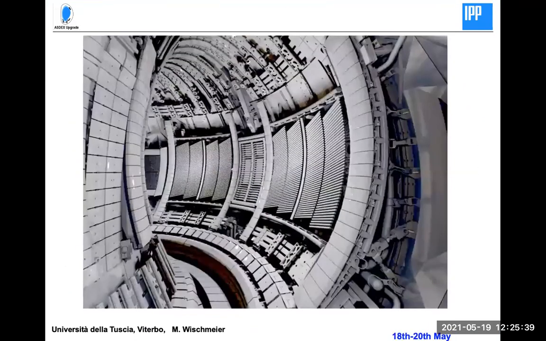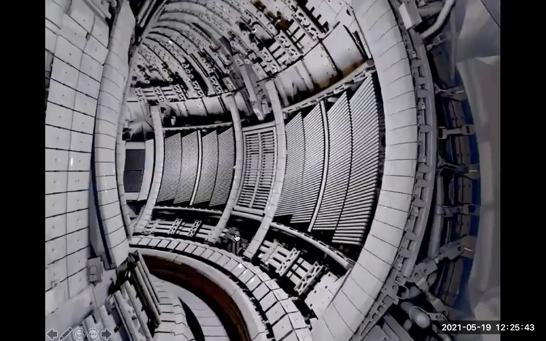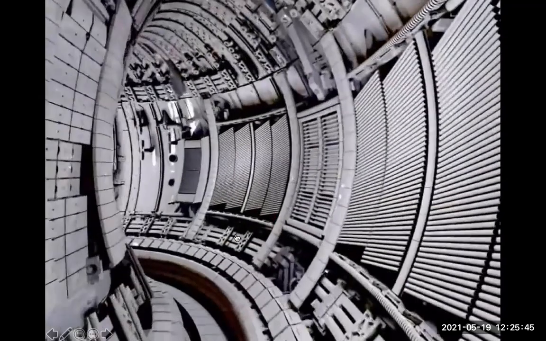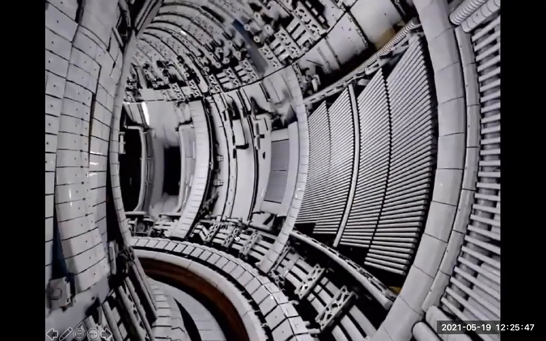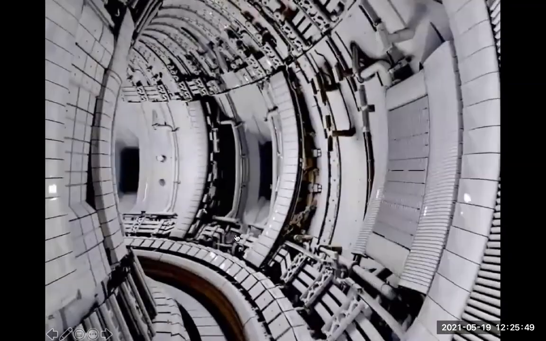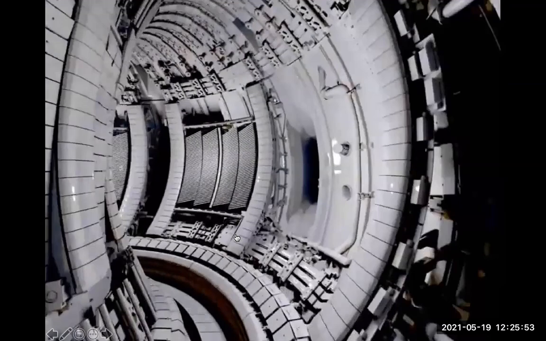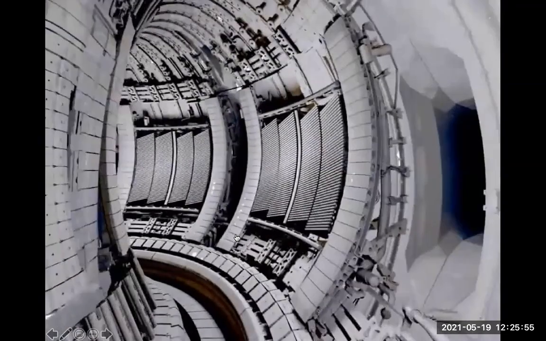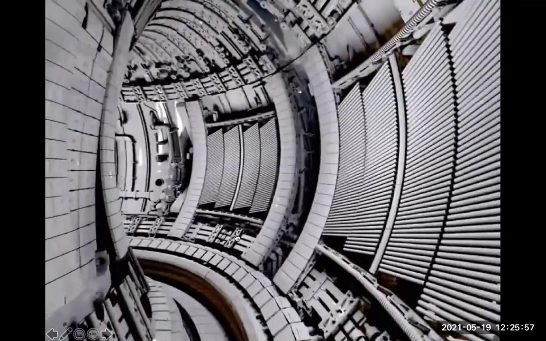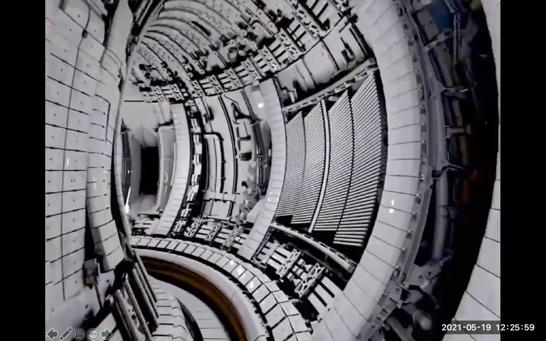Oops, there should be a video here. So this is a cut design of the JET torus. It shows you that the structures around are not two-dimensional. So the fact that we are simplifying this to two dimensions is a simplification one needs to be aware of.